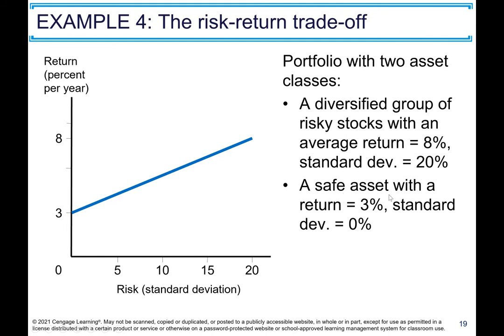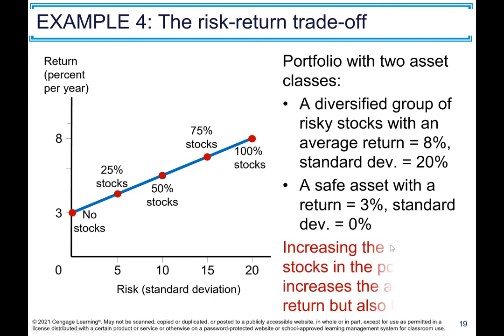Number B, a safe asset with a return of 3% but a standard deviation of 0. As you see, the increased return varies directly with increased risk. Increasing the share of stocks in the portfolio increases the average return, but also the risk.